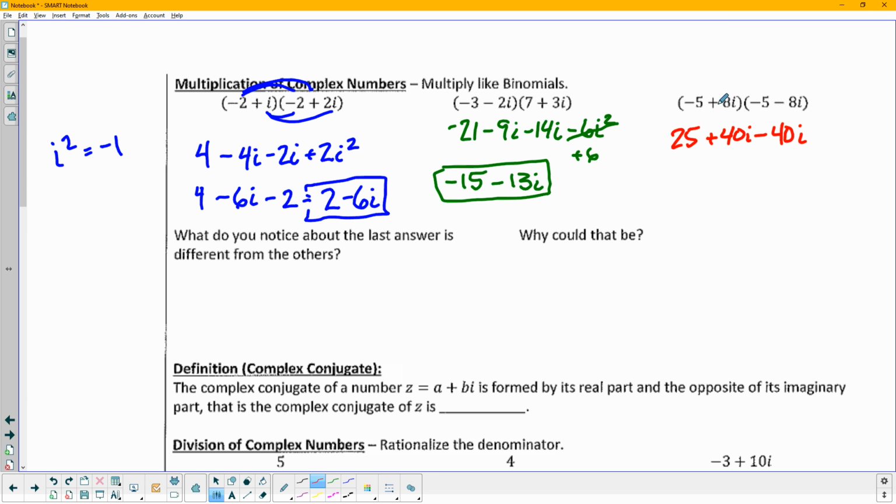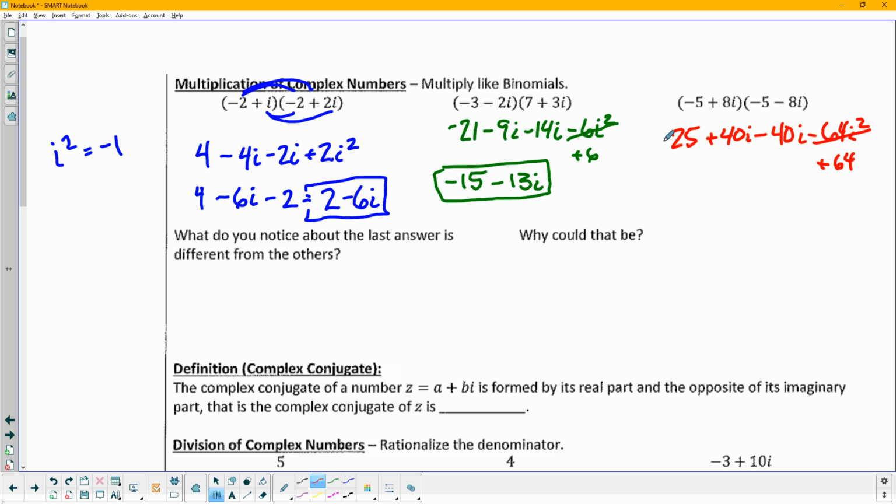And let's see, positive 8i times negative 8i is going to be negative 64i squared. Again, with this negative 64i squared, i squared is negative 1. Negative 1 times negative 64 is plus 64. So those cancel out.